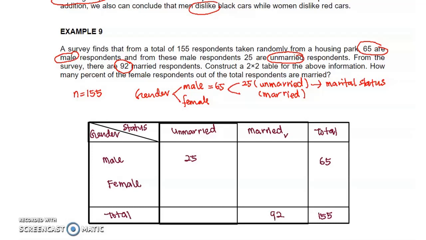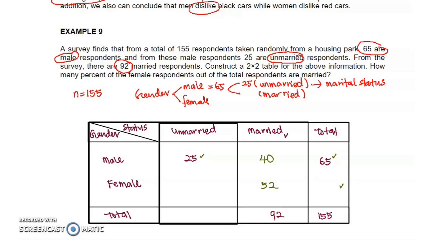Now how to fill in the rest of the values. First we can find males who are married. 65 minus 25, so we get 40. Once we get this value, we can find females who are married. 92 minus 40 is 52. Then we can find the total for female here. 155 minus 65 is 90.